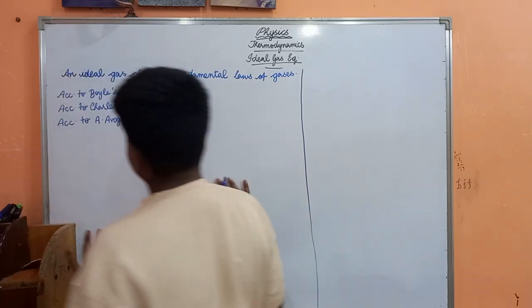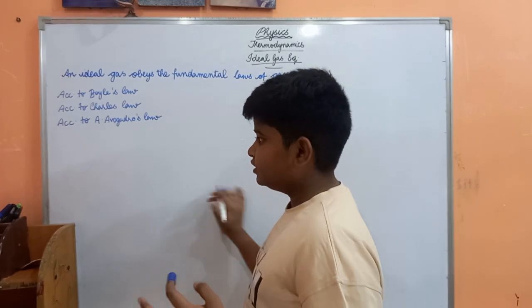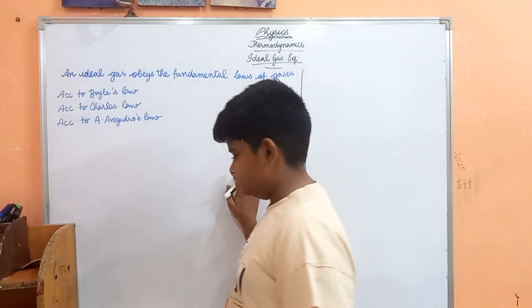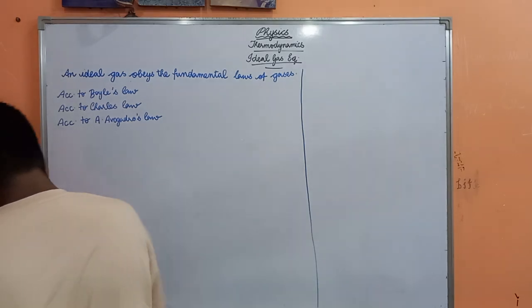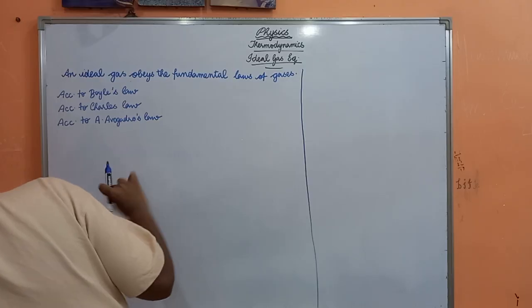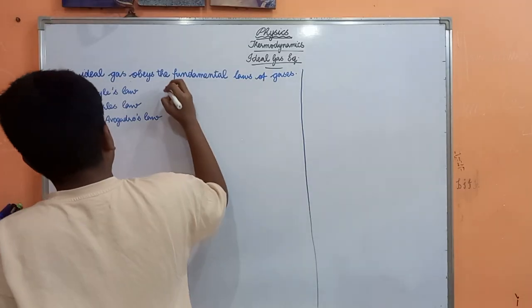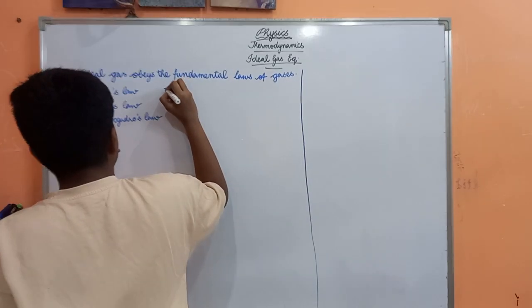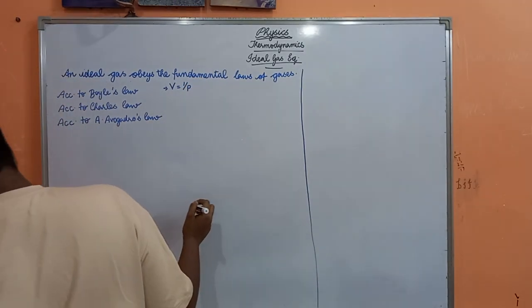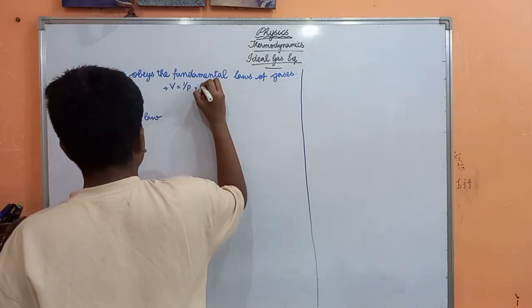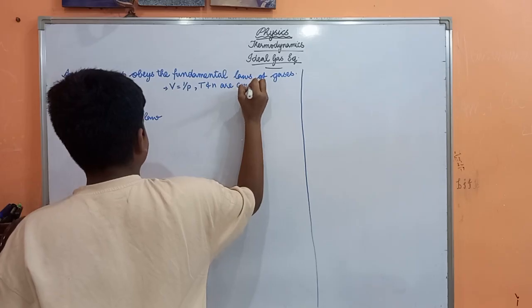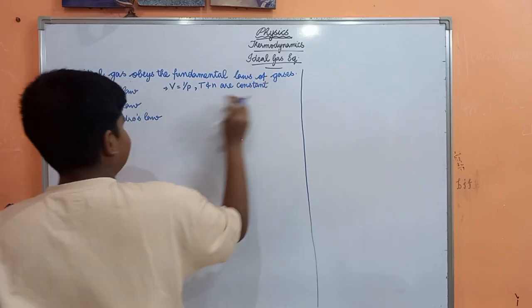So guys, what is Boyle's law? By Boyle's law, V is equal to 1 by P, where T and N are constant. You have to remember this, guys.